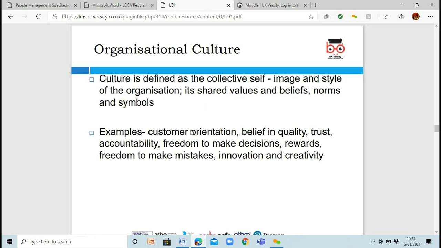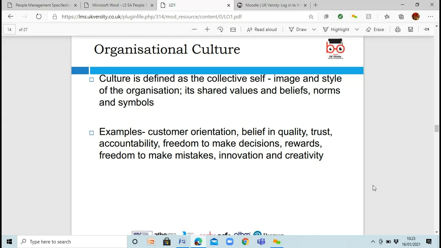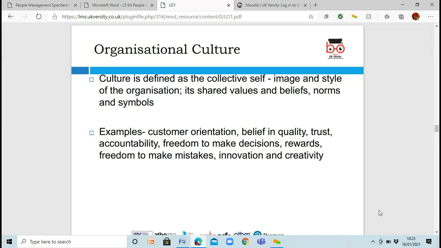Now we have organizational culture. Culture is defined as the collective self, or the image and style of the organization. So its shared values, beliefs, norms and symbols are used as part of its culture. For example, they've got things like customer orientation, they believe in quality, trust, and accountability is part of its culture.